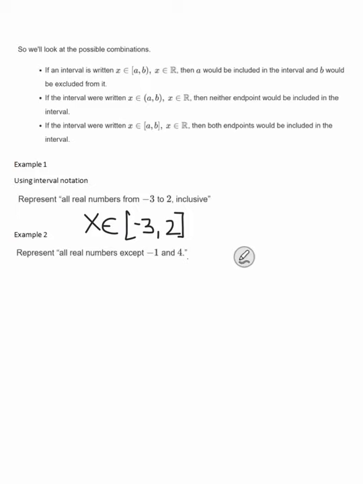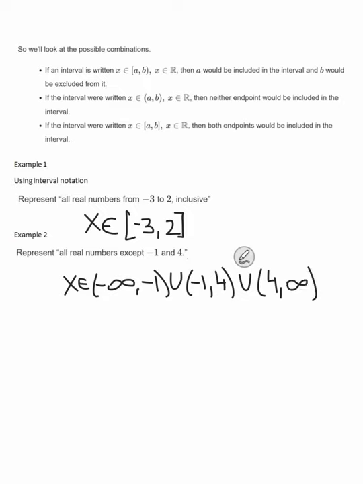Now we want to represent all real numbers except -1 and 4. So then you have to split it up. So we're going to have x as an element from -infinity to -1, union with -1 to 4, union with 4 to infinity. So it's going to exclude those points at -1 and 4.